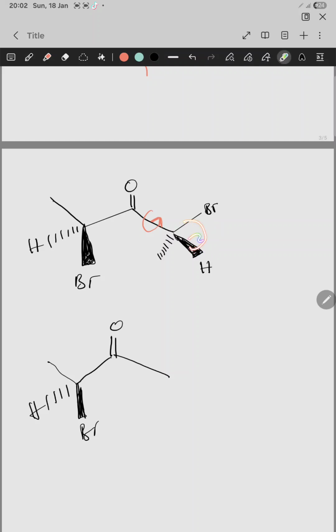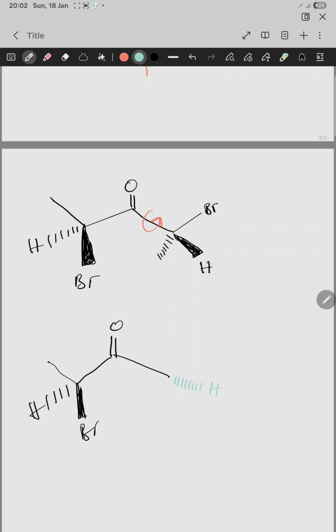It will move from pointing at me to the other side of the chiral center, so instead of pointing at me, it will now point away from me. Then this bromine, since its direction is not known, I can rotate it in such a way that it will now come and point at me.